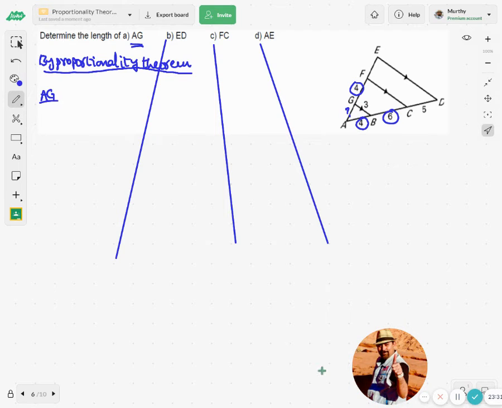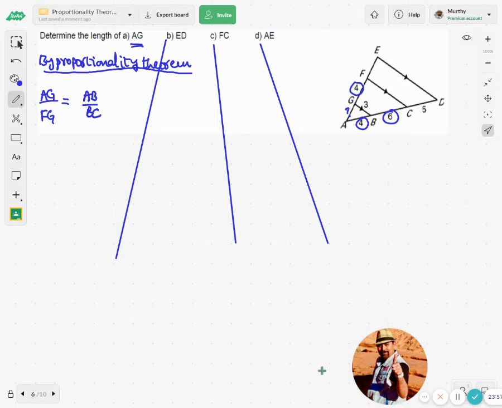AG, I see that this is AG over FG. So AG over FG, maybe in layman's language I can say the upper portion over lower portion. This is how I think. So it is AB over BC. Now plug in the values.